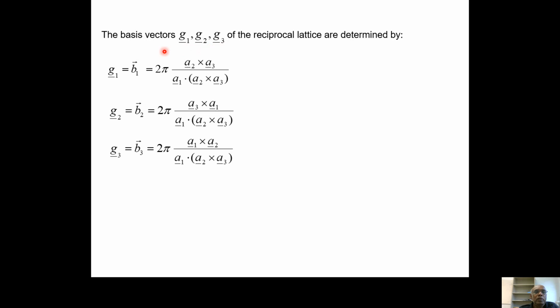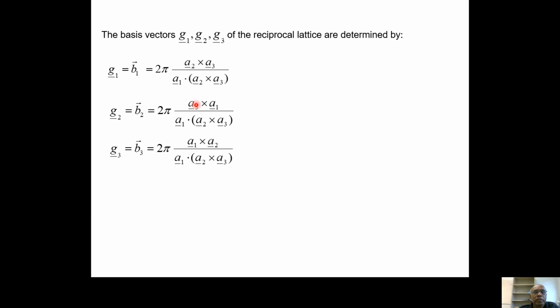Now you can write G1, G2, G3 in terms of A1, A2, A3. Sometimes people call these B1, B2, B3. G1 is the cross product of A2 and A3, divided by the volume of the real space unit cell, the triple product.